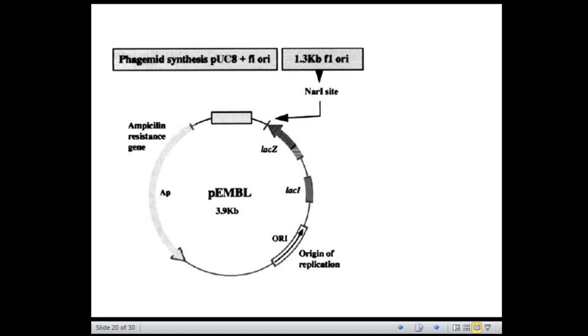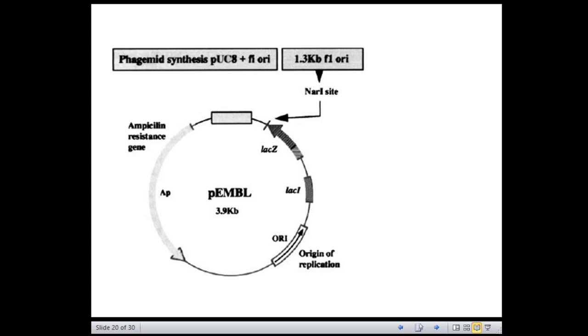they are very much similar to M13 and replicate in a similar fashion. And one of the first ever phagemid vectors developed is the pEMBL, which is shown in the figure.